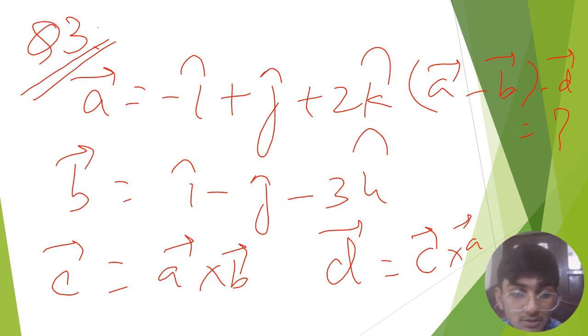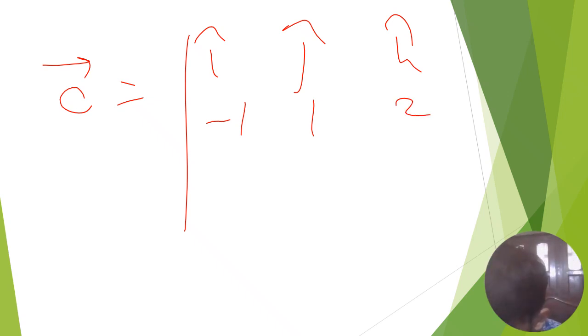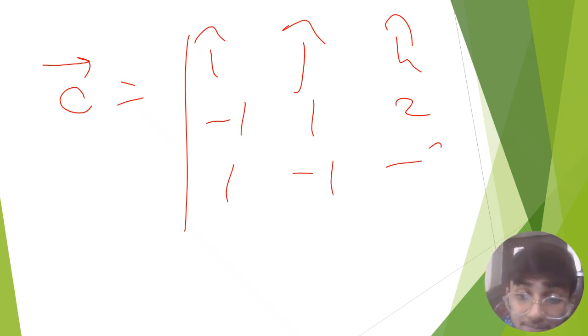Okay, so this is a doable problem, but a little lengthy from the first question, I think, or you can say of equal length also. Let's compute first of all C vector. So computing C vector, that will be i j k, -1, 1 and 2, right? And 1, -1 and -3.